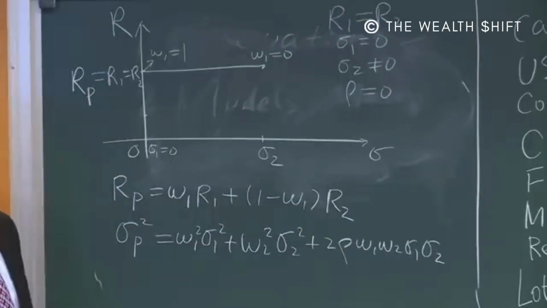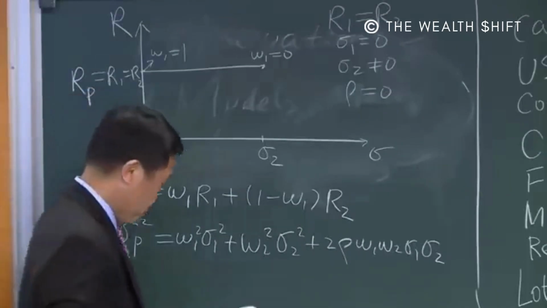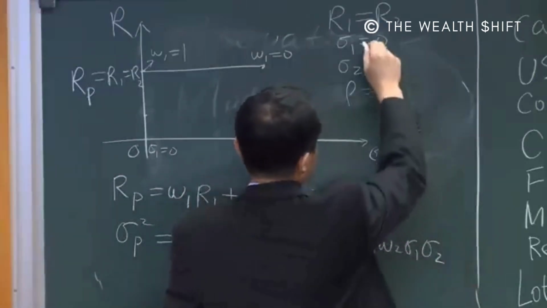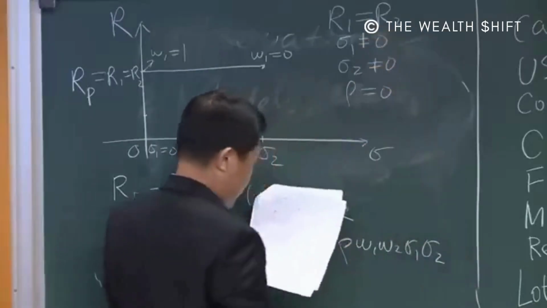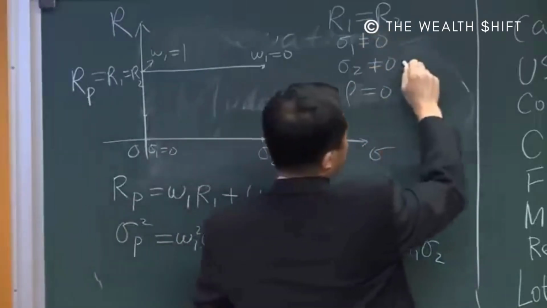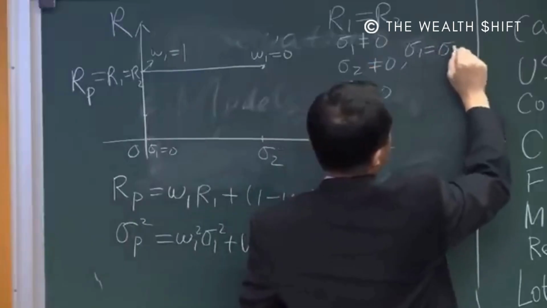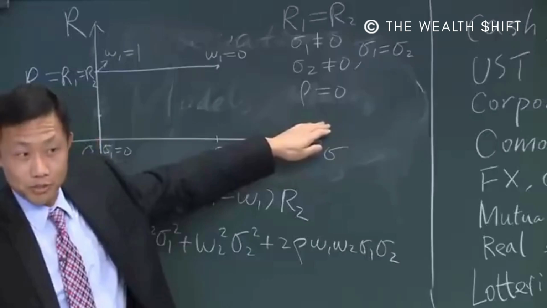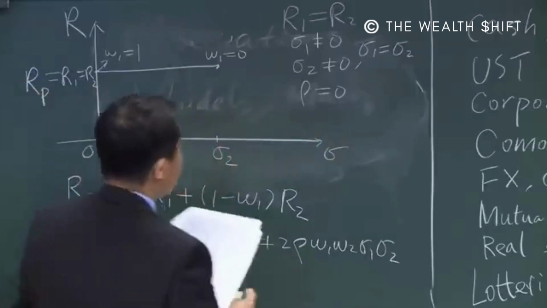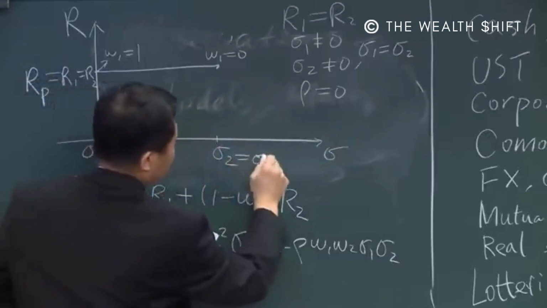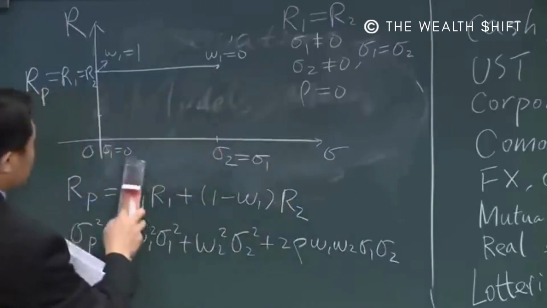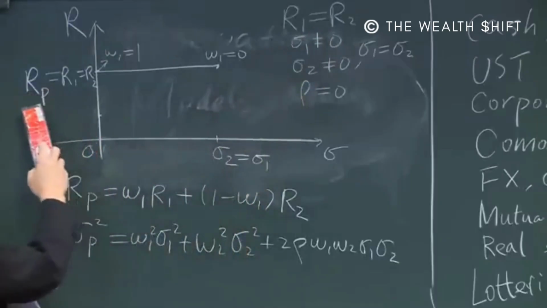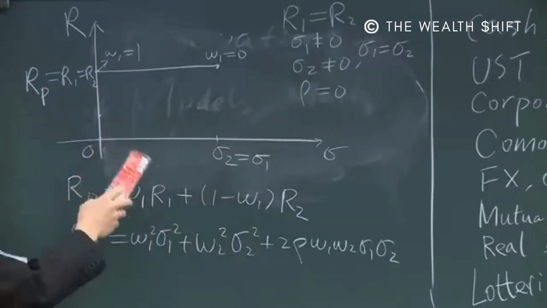So very simple, right? I'd like to start with a simple case. What if sigma 1 also is not 0, but sigma 1 equals sigma 2, and further I impose the correlation to be 0, okay? So I have sigma 2 equal to sigma 1, and R1 still equals R2, so RP still equals R1 or R2, right?